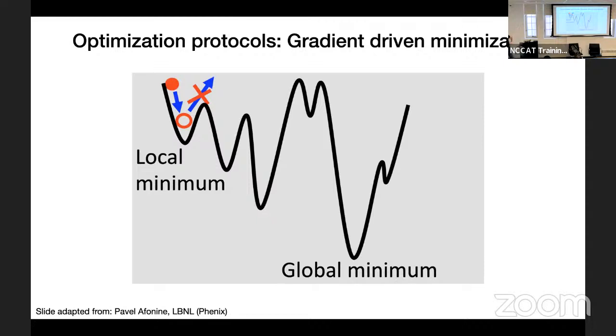Okay, and so if we start off at this solid red sphere. I guess my pointer doesn't move, that's fine. So if our starting model is represented by this solid red circle at the top left, gradient minimization will essentially just allow that red marble to roll down into the lowest local minimum, and then we'll get stuck there, right?